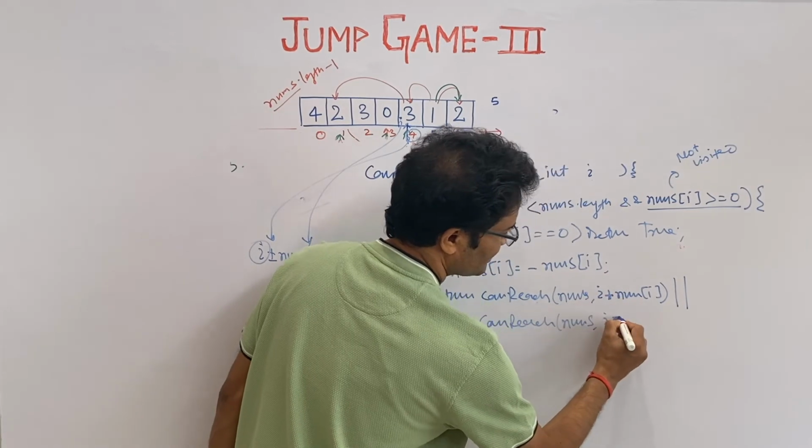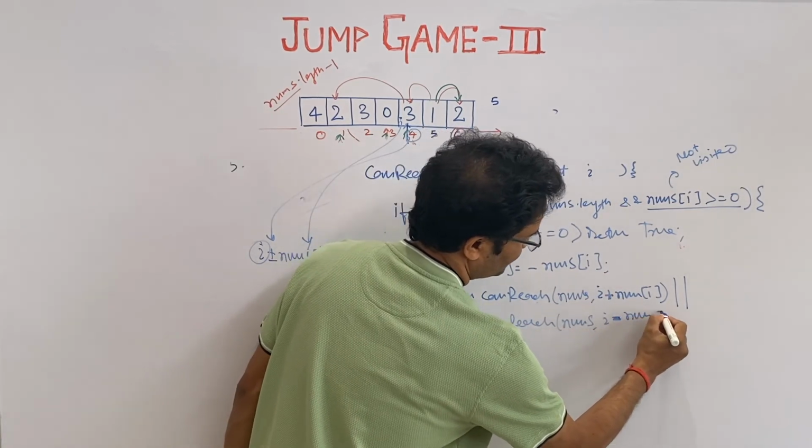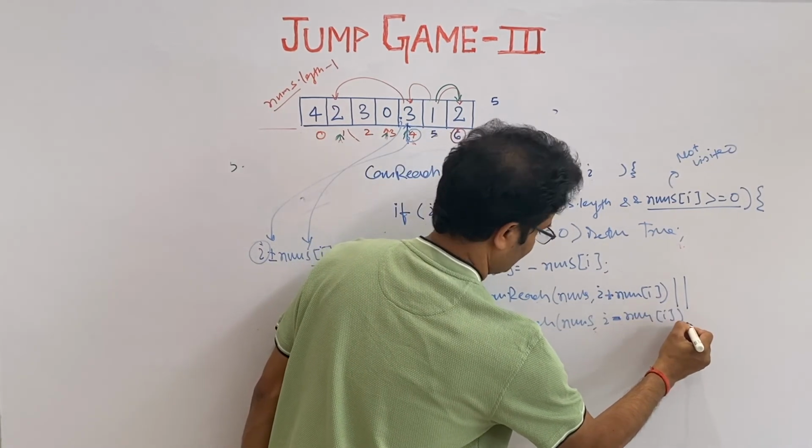Here is the plus, here is the minus, for the I value.